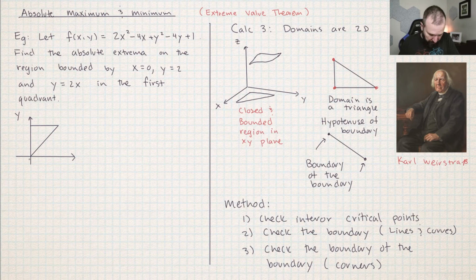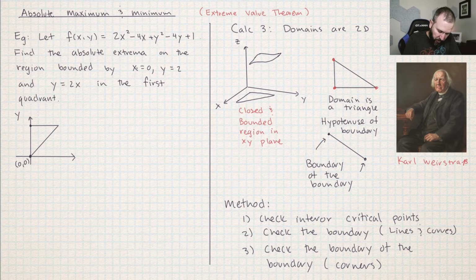And so I'm going to go through this method for checking for critical points that are on the interior, and then we're going to check these boundaries, and then the boundaries of the boundaries. But right off the bat, we can actually just read off what these corners are from this setup here. This is going to be 0, 0, the bottom corner there.